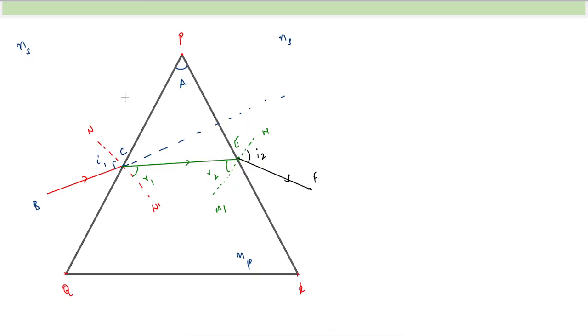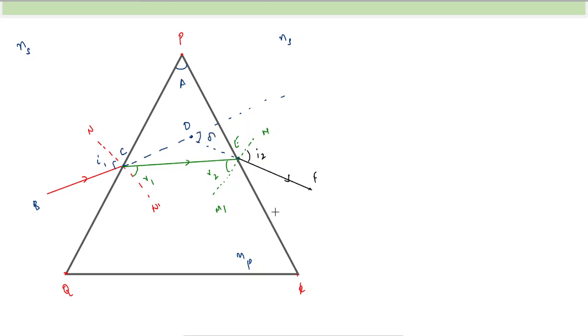When we draw the light ray backwards, that is when you draw EF backwards, it appears as though EF is coming from some point here. CD is the direction of the incident ray. As seen earlier, this angle is called delta.